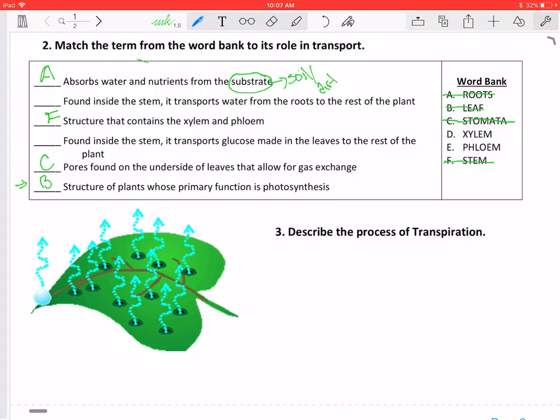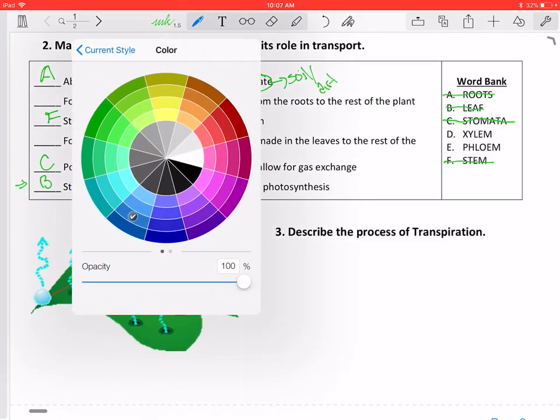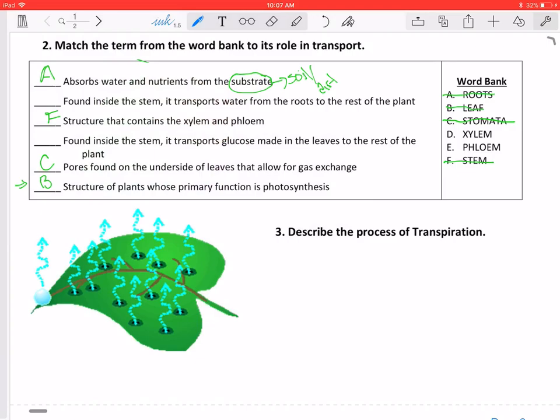So we've got our xylem, and an easy way to help you remember what the xylem's function is to think of our alphabet. So if you think about the order of letters, we've got W, X, Y, okay? But here we have our xylem, okay, so WXY, and it transports our water.